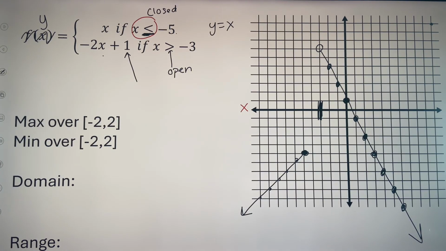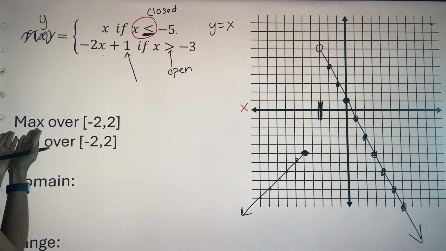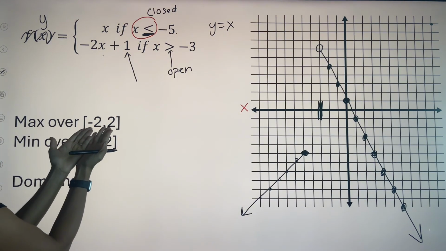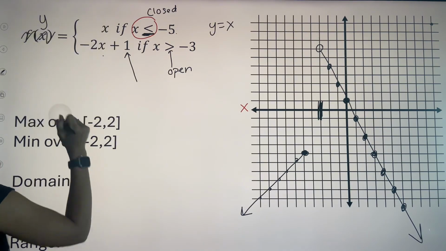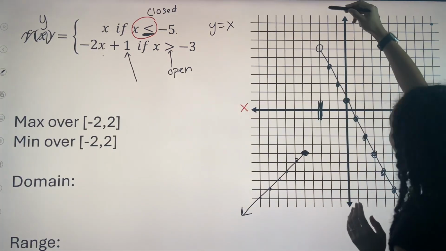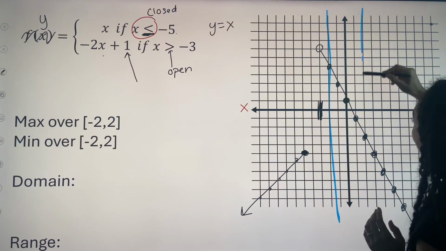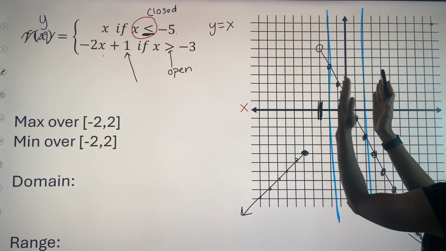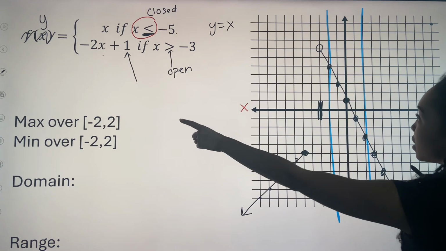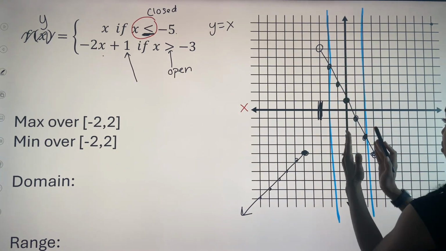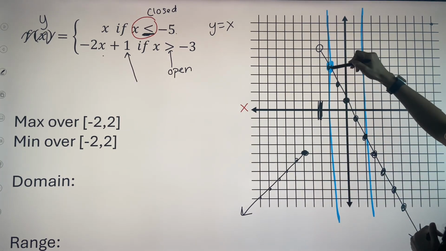Okay, now let's talk about where the maximum is. We're going to find the maximum over this interval, negative 2 to 2. So if I were to put some lines from negative 2 to 2, this is what you're looking at. This is the interval that you're paying attention to. The maximum point on this interval, negative 2 to 2, is right here.